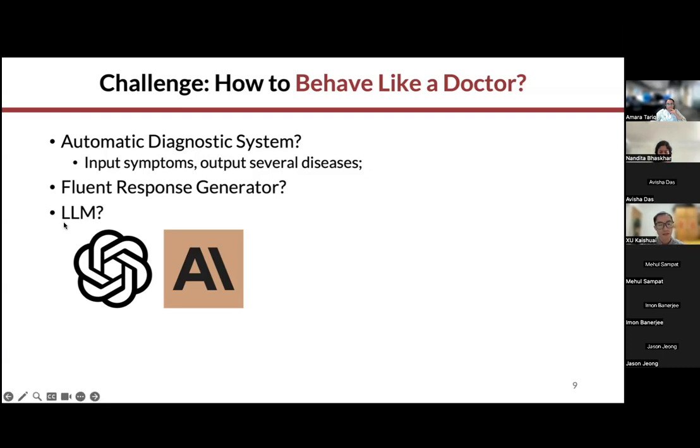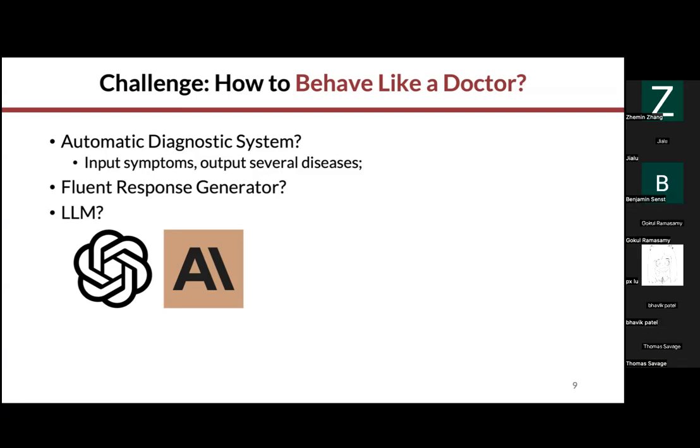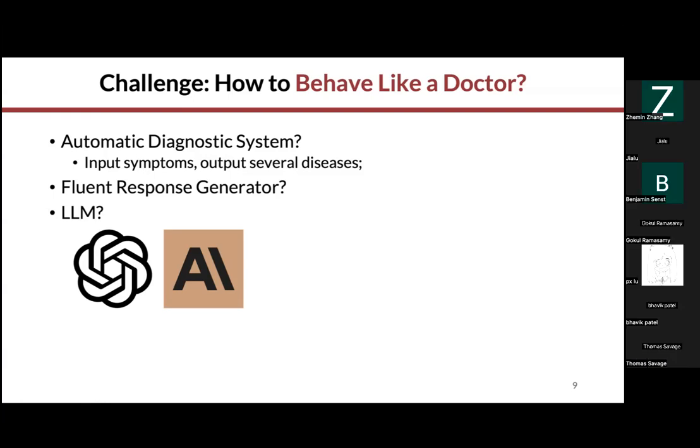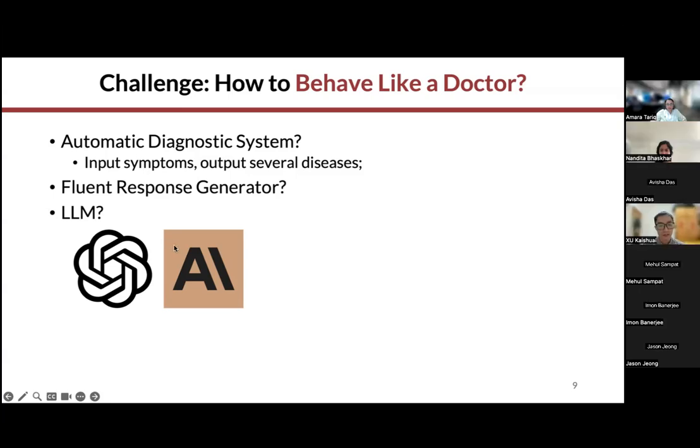And the second direction is popular in these years, in the last year. GPT, ChatGPT and Claude have the ability to solve some medical questions or medicine exams. It is highly accurate at solving medicine problems. However, as we all know, we use ChatGPT like a question answering system.